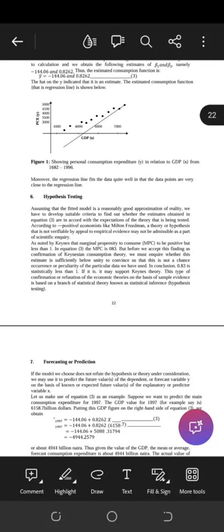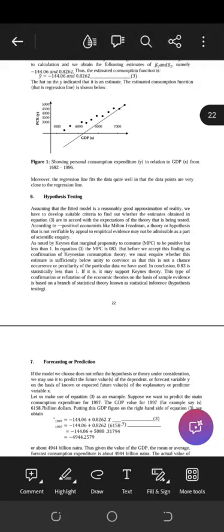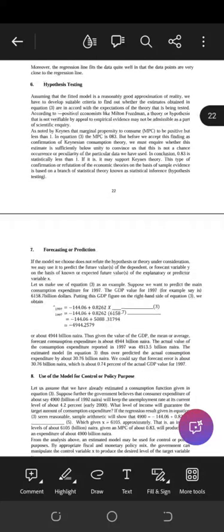Now, according to positive economists like Milton Friedman, a theory or hypothesis that is not verifiable by appeal to empirical evidence may not be admissible as part of scientific theory, in the sense that whatever theory you are working on, you need a means of verifying that the theory is appropriate.